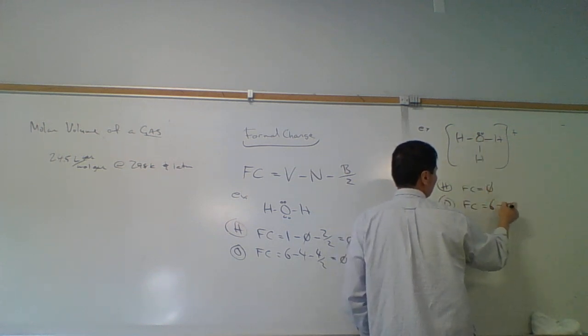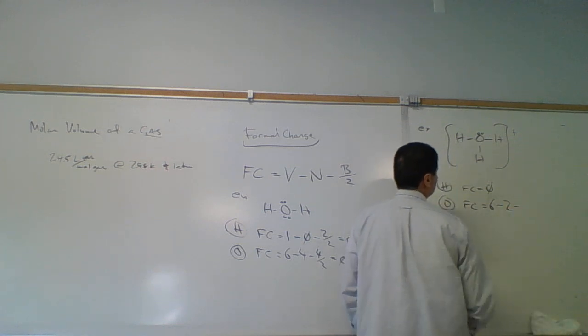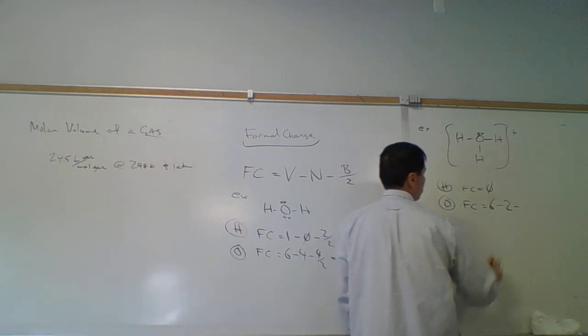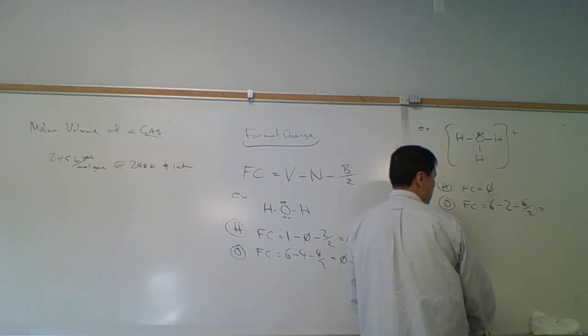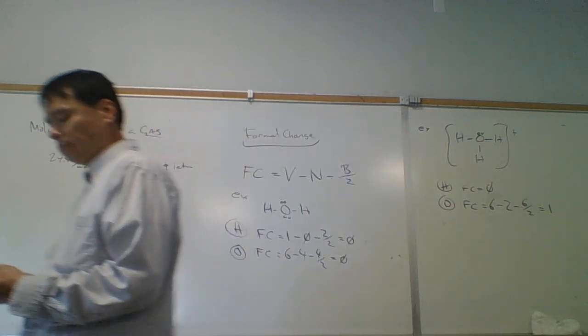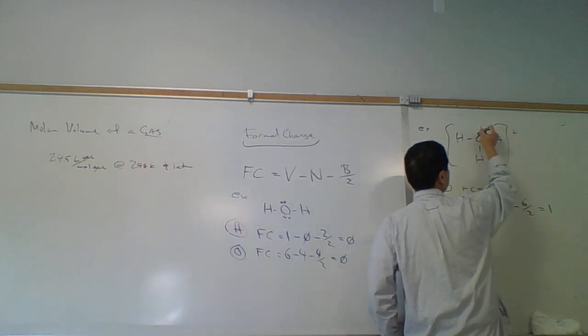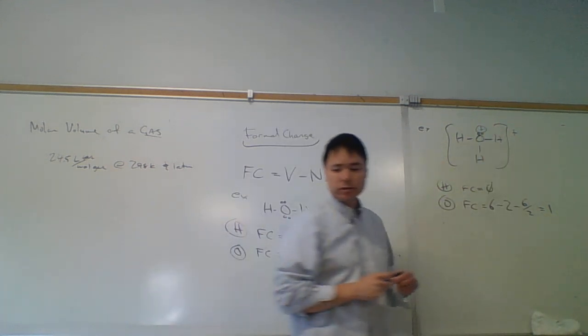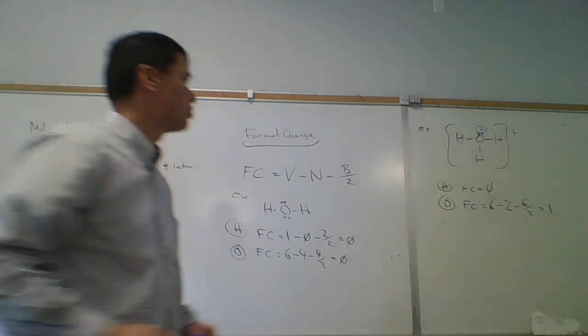So it's going to be 6 minus 3. The formal charge we typically circle like this and put it next to the atom. So the formal charge on oxygen is +1 or just plus. Normally with formal charge we don't write the 1.